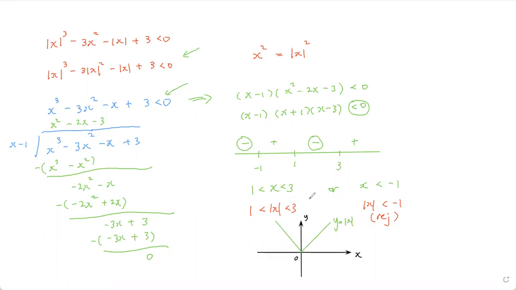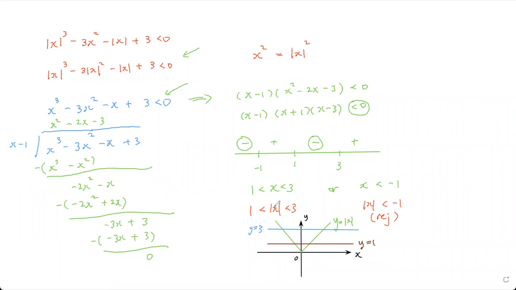So what does this mean? Between 3 and 1, I'm going to draw two horizontal lines. One of them is y equals 3, and this is y equals 1.